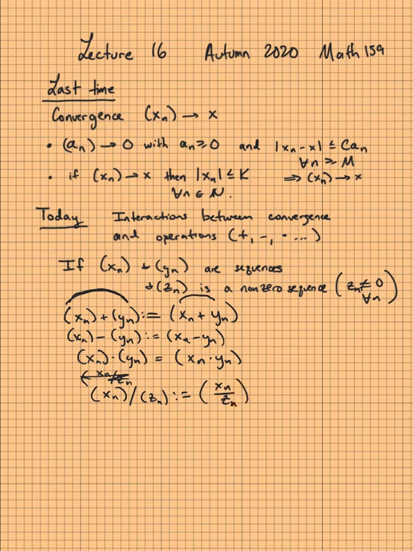This is where I had to assume that zn was not equal to 0. I could say c times xn is defined to be cxn. And you can imagine there are too many possibilities to write them all down. Anytime you can do an operation on real numbers, you can extend that to an operation on sequences just by doing the operation on each component of the sequence.